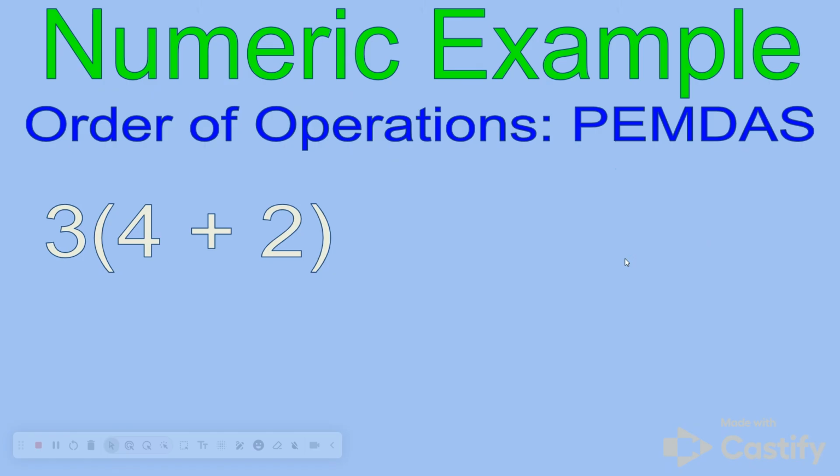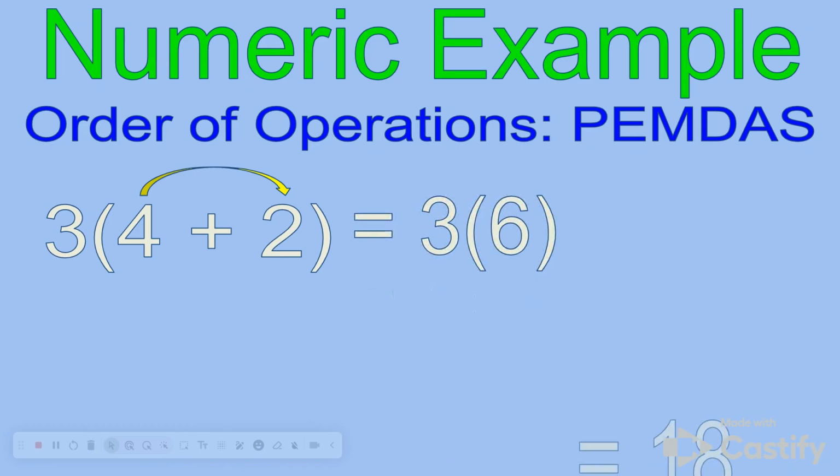You have to solve equations in that order or you will not get the right answer. So in this case, using order of operations, our first step would be the parentheses, do 4 plus 2. So instead of 3 times (4 plus 2), we have 3 times 6, because that's what 4 plus 2 gives us. And when we multiply together, we get 18.